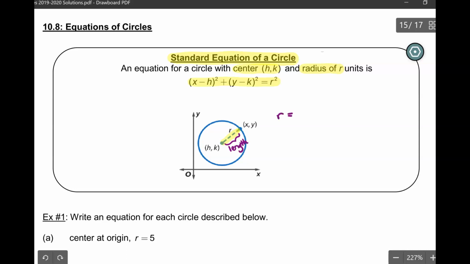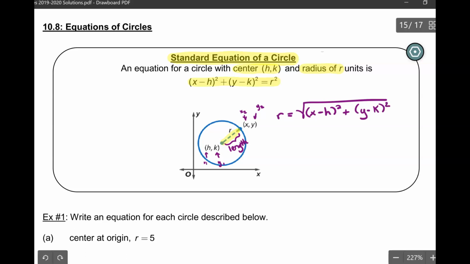If we use the distance formula, maybe this would be x2 and this would be x1, so we would have x minus h squared plus, and this would be y2 and this y1, y minus k squared.